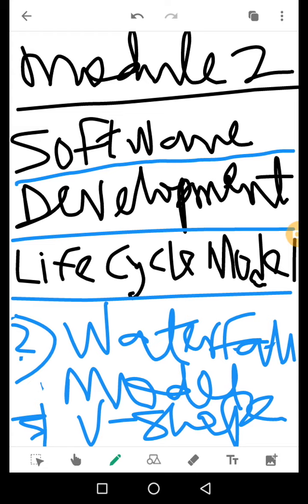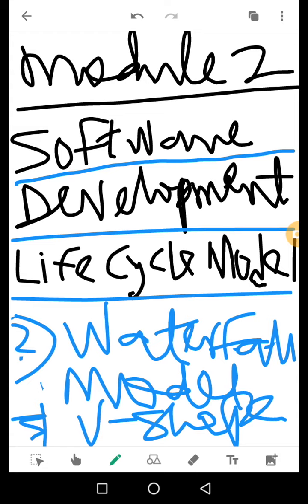Then number 2, little flexibility, and adjustment is difficult and expensive. You know, it is rigid, so any little adjustment now made will be difficult and expensive. Are you getting it now? Then number 3, the software is developed during the implementation phase, so no early prototypes of the software are produced. It's only at the implementation phase that the software is developed.